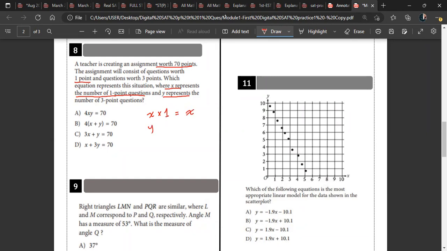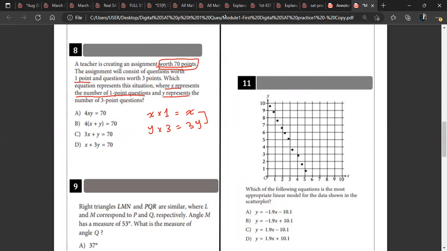And if you have y, this is the number of questions of 3 points, each of which takes 3 points. So y multiplied by 3 will be 3y. And their sum is 70 points. So it will be x plus 3y equals 70. Is this clear or not? So the answer will be D.